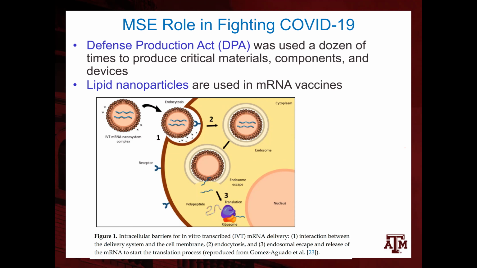So those mRNA vaccines had to be coated with something like lipid nanoparticles to make sure that they would not be destroyed by any acids in the body or in the cell. For that reason, we used advanced nanotechnology to coat those mRNA vaccines in lipid nanoparticles.